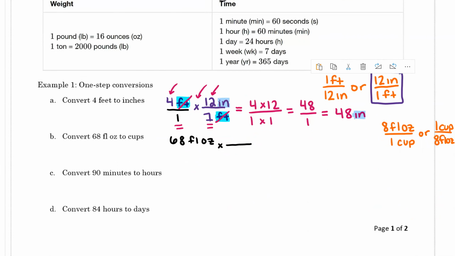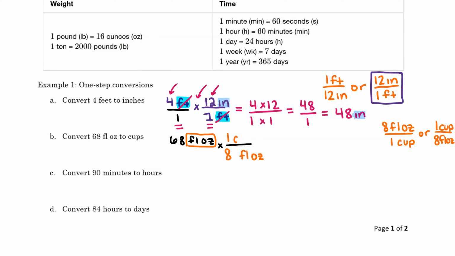In this case, we have fluid ounces on top, so we need fluid ounces on bottom to cancel. So I'll say that 8 fluid ounces is the same as 1 cup. Now the fluid ounces cancel out, on top and on bottom.